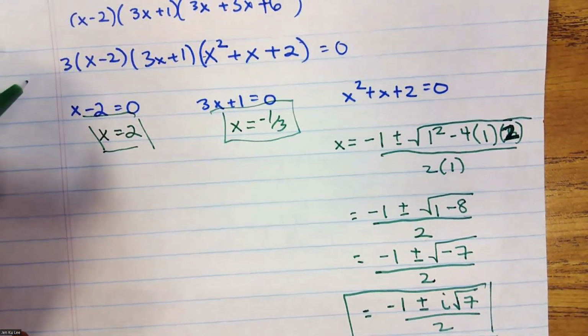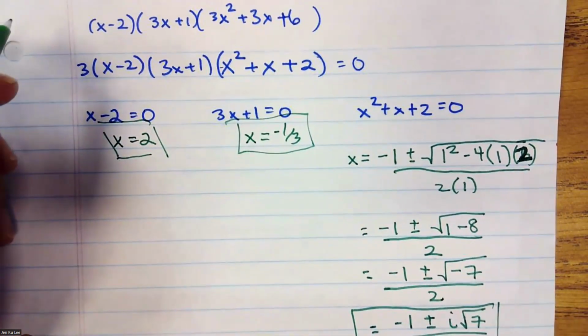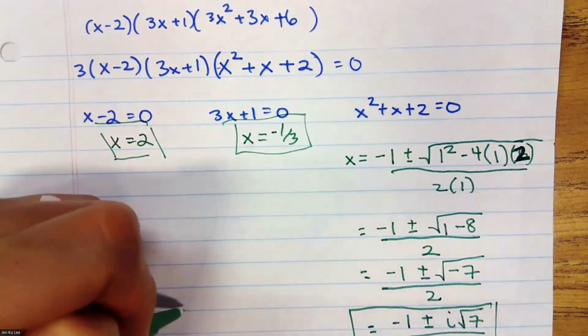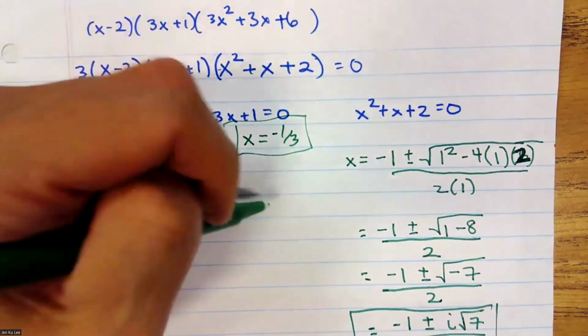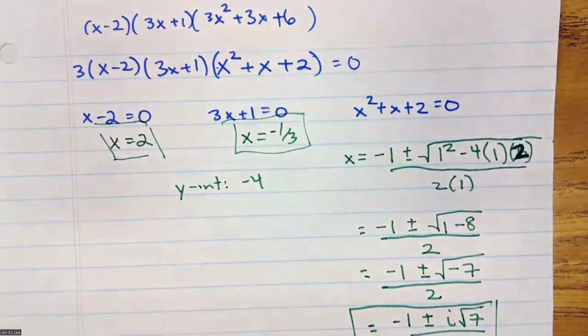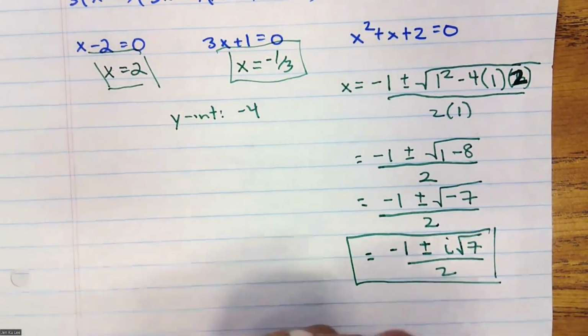Questions so far? No? My y-intercept, if you look at the original, would be at negative 4. So keep that in mind as we start graphing.